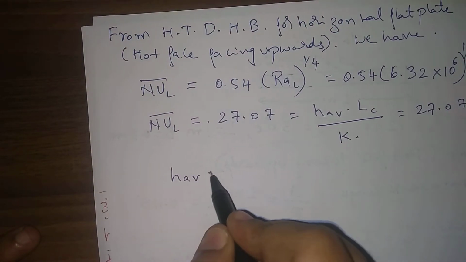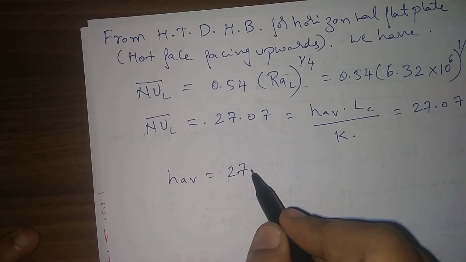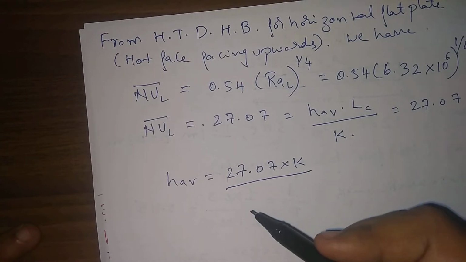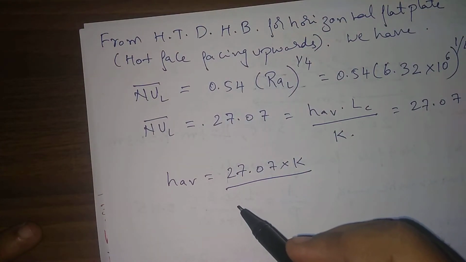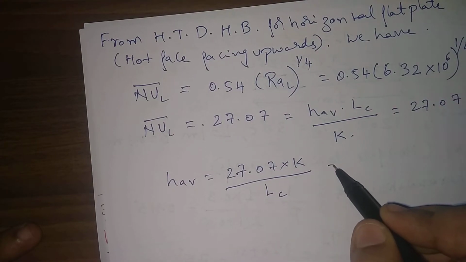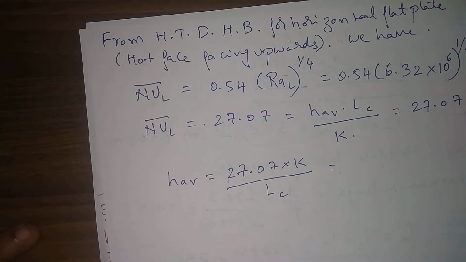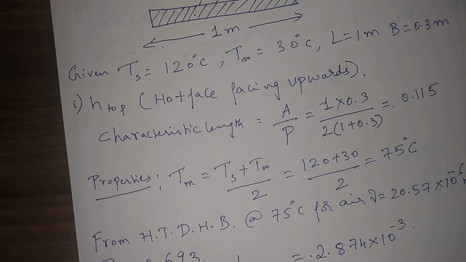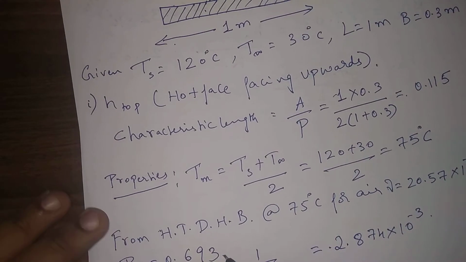So h average will be equal to 27.07 into K divided by LC. So K we want, right? I have not given the K value. Please take down the K value.